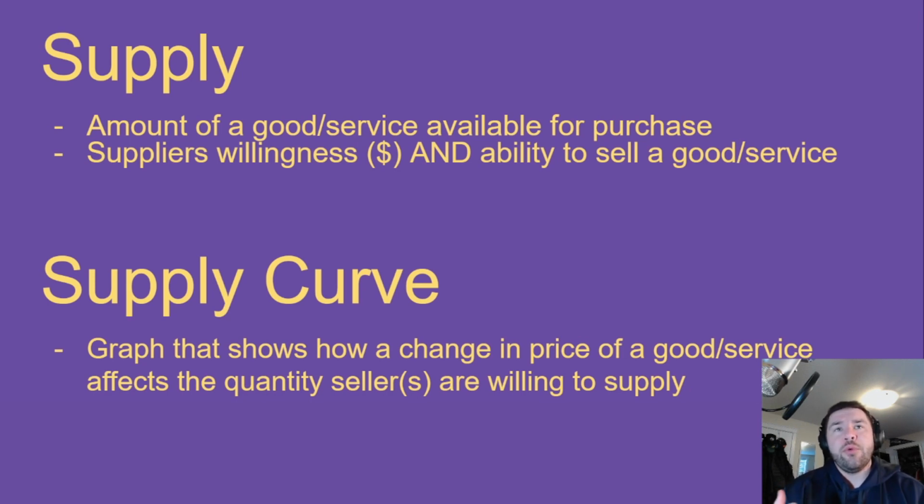So are they willing to sell it for what the price is right now? It's also their ability to sell. And that's more applicable to services. So think about grading. We submit cards to PSA. There's maybe a backlog like there was in COVID. And that was an unfortunate thing where they didn't actually have the ability to deliver the service in a reasonable time frame, but they were still selling it.